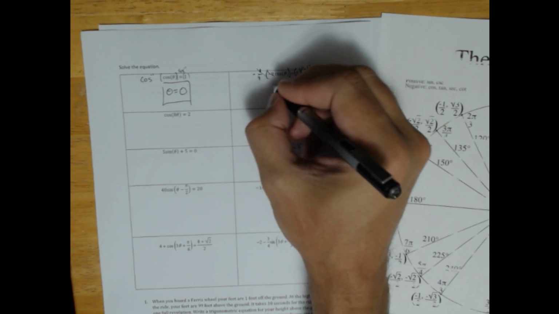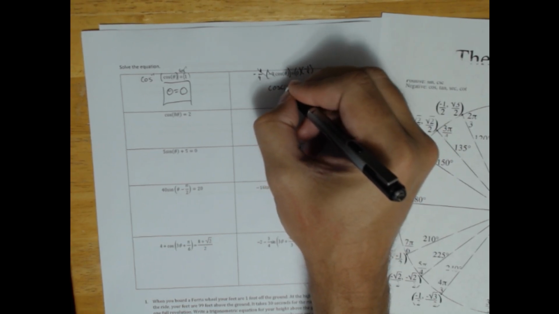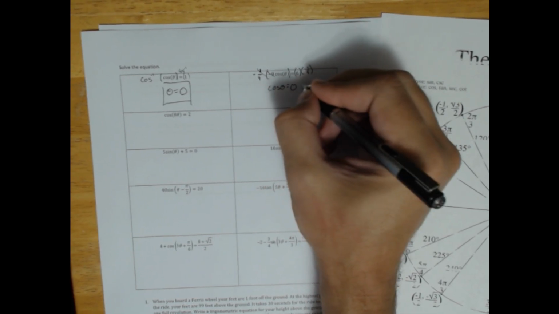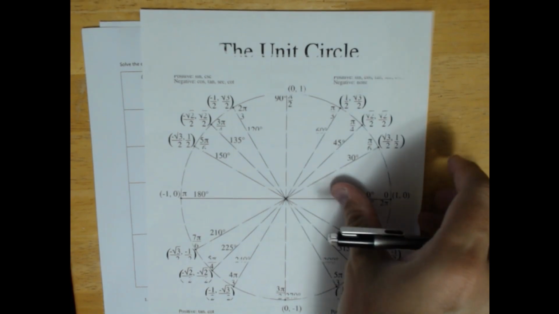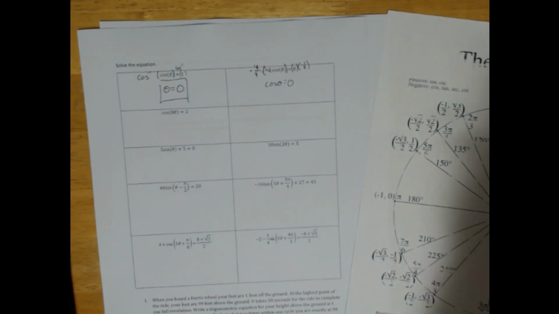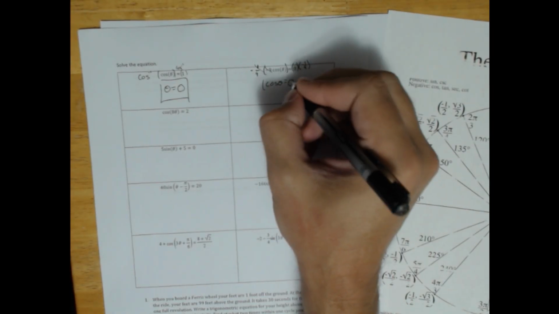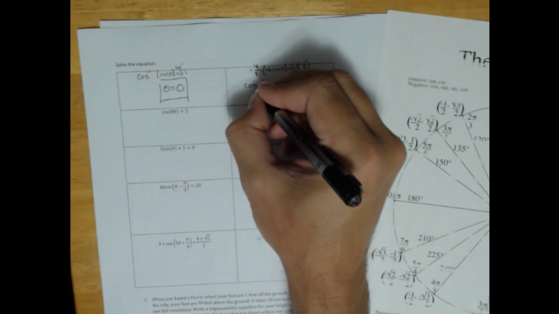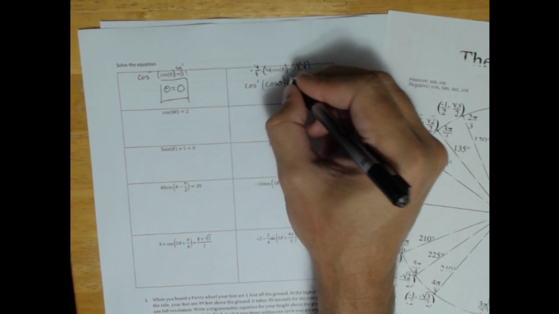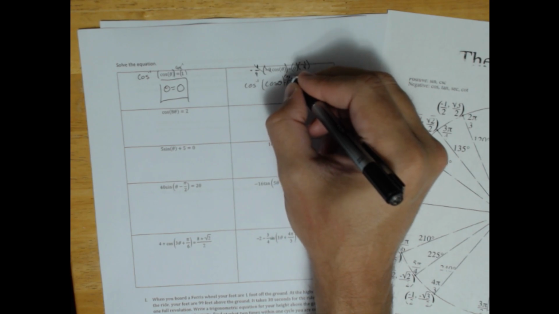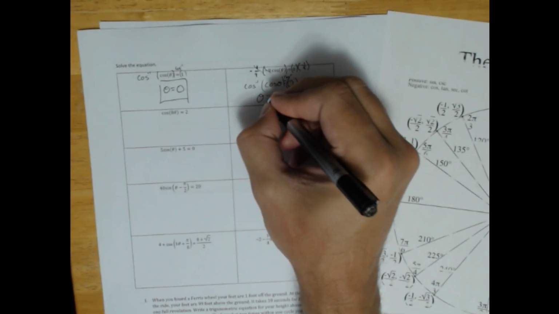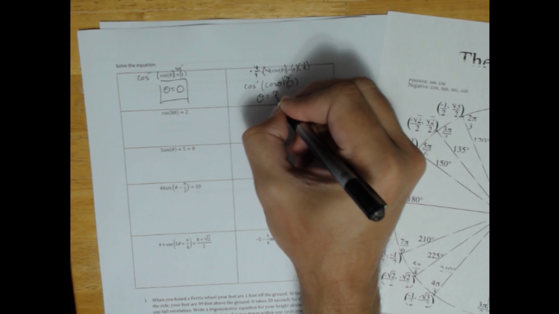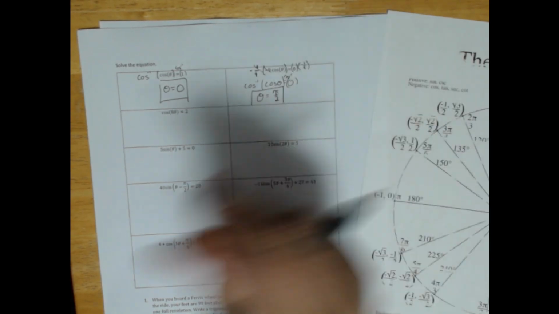Those 9's cancel out, leaving cosine of theta equals 0, which cosine is 0 at pi over 2. So when we take the inverse cosine of both sides, we get theta is equal to pi over 2.